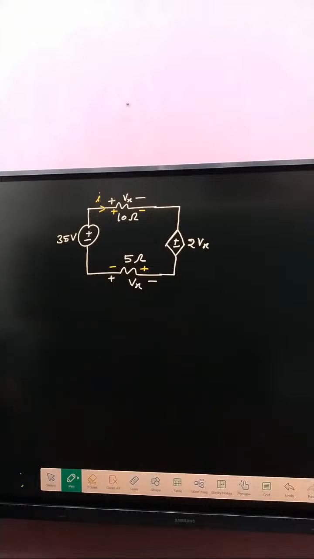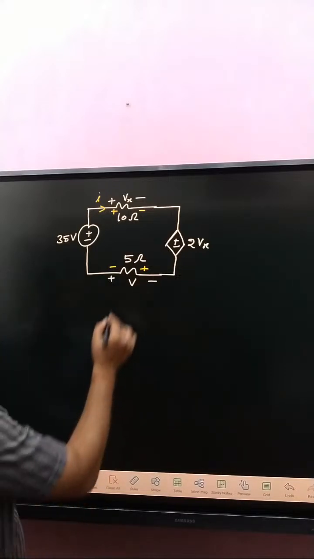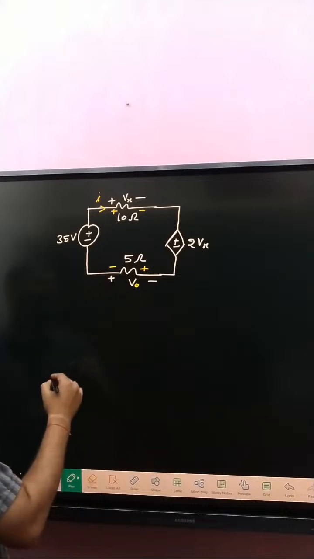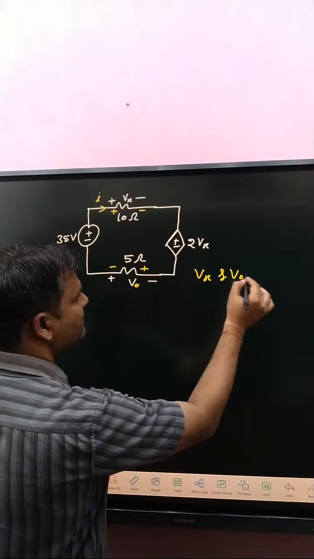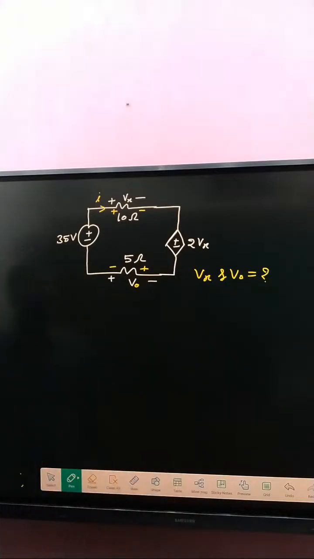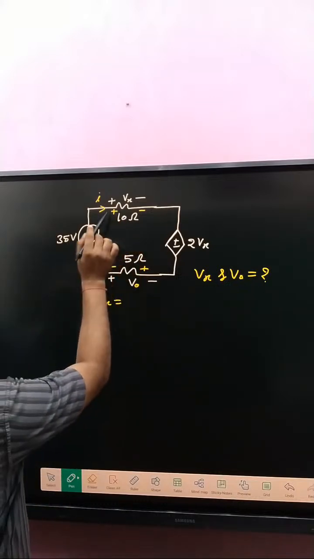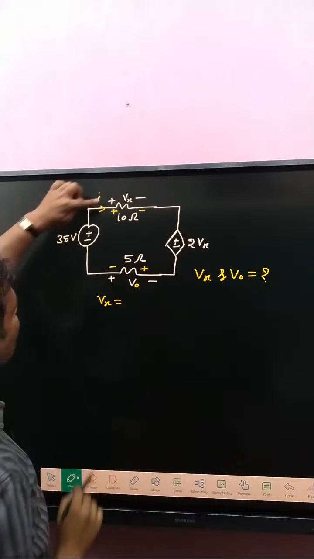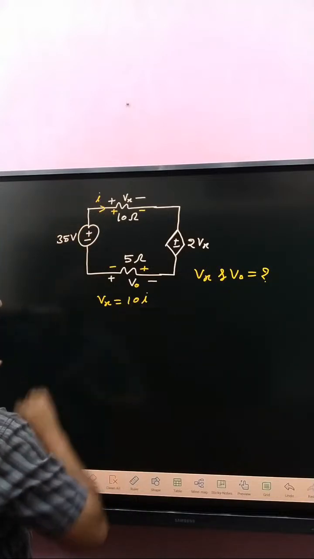Oh, that one is V naught. This is not Vx, that is V naught. So our target is to determine Vx and V naught. First of all, what about Vx? Vx is written with current in terms of the positive terminal. Both polarities are the same, so Vx is written 10 into I.